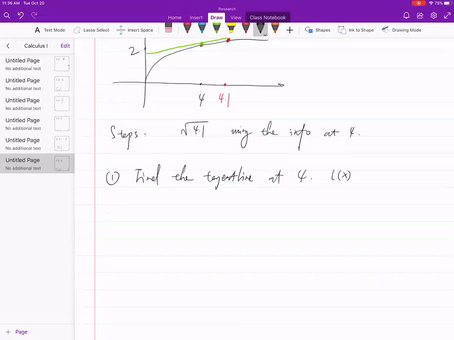Number two, L(x) is different from this, but we just use L(4.1) for the square root of 4.1. Note, I cannot say equal because technically it's not the same, so we use approximately. It's roughly this. Is that clear?